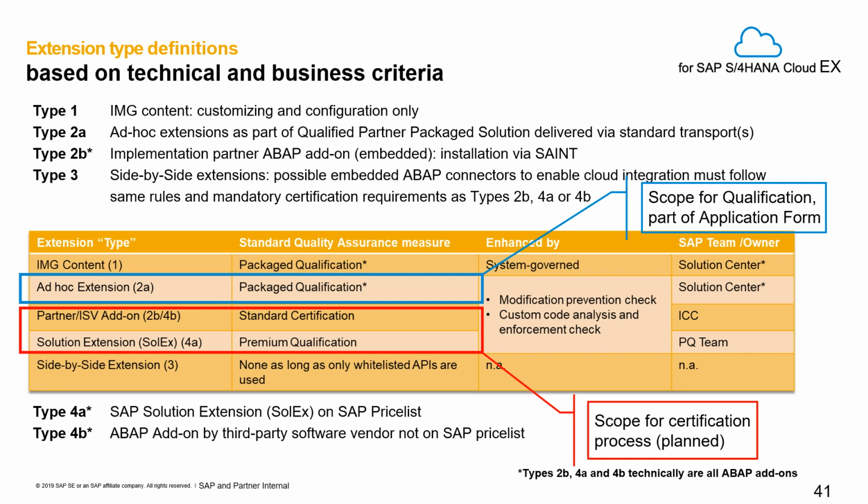Based on your partner package, which might be a simple extension or a more complex ABAP add-on or package, we'll be working with you to either qualify or certify your solution. There'll be an application form that you'll be filling out.